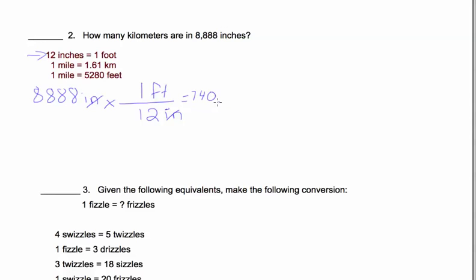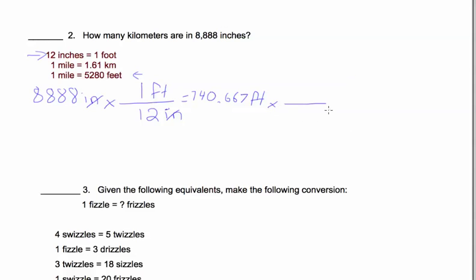You're going to write this all out. Just make sure you keep more than enough significant figures. You can also just put it into your calculator once instead of working, putting it out each time. So we have feet. We also know that 5,280 feet equals 1 mile.